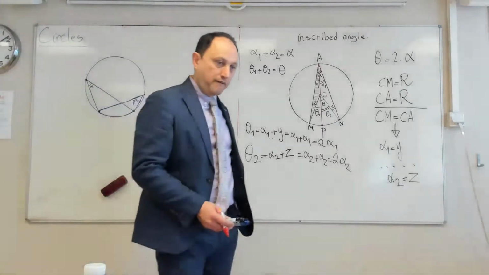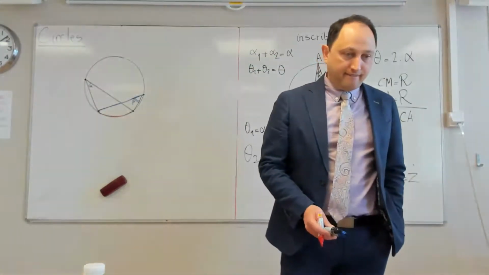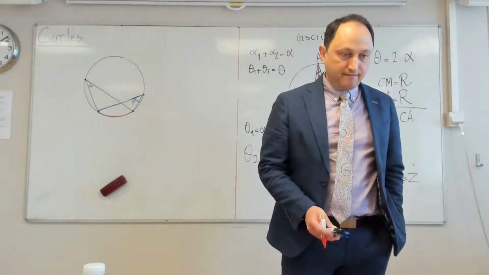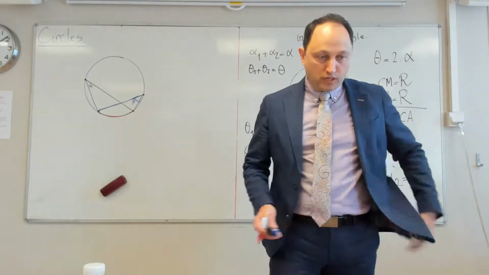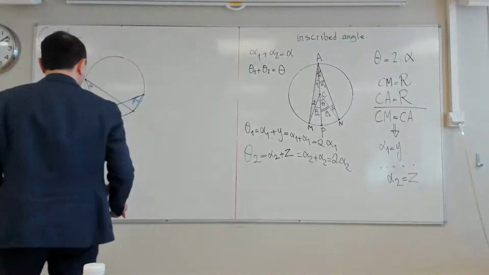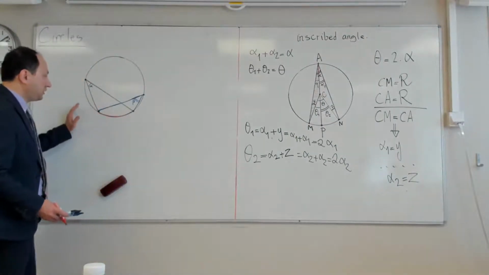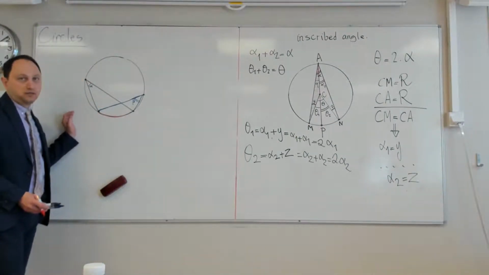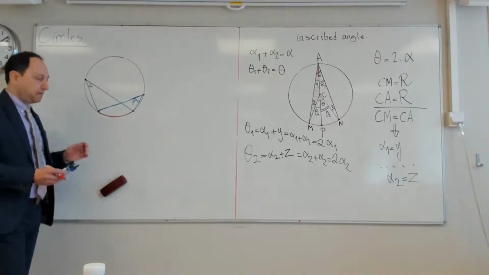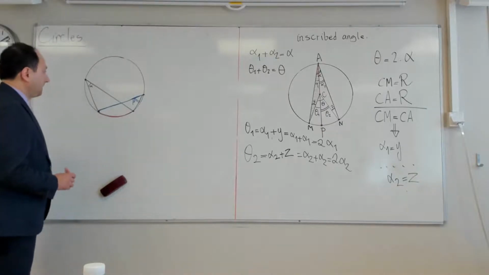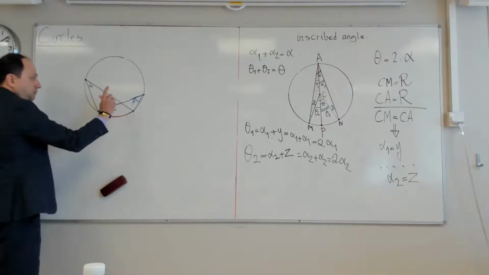Yes? Why? The formula for the central angle. So what? Okay, tell me step by step. There are no central angles here. Do you want me to draw one? Okay. So let me just describe.